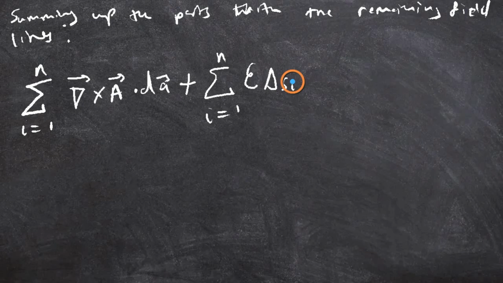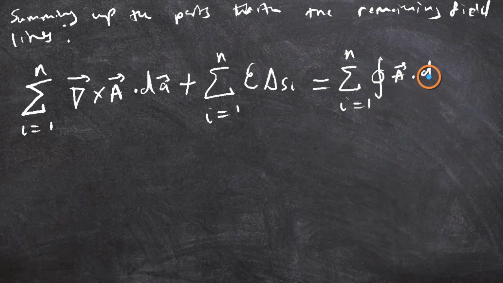All that is then going to be equal to the summation from i going to n of the closed loop integral of A bounded by this particular path L_i.